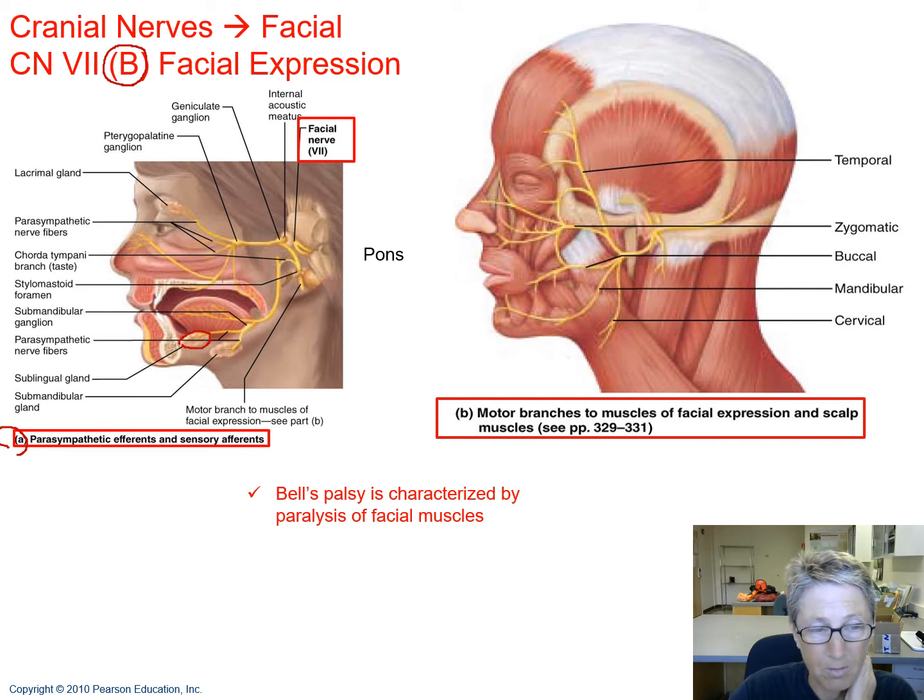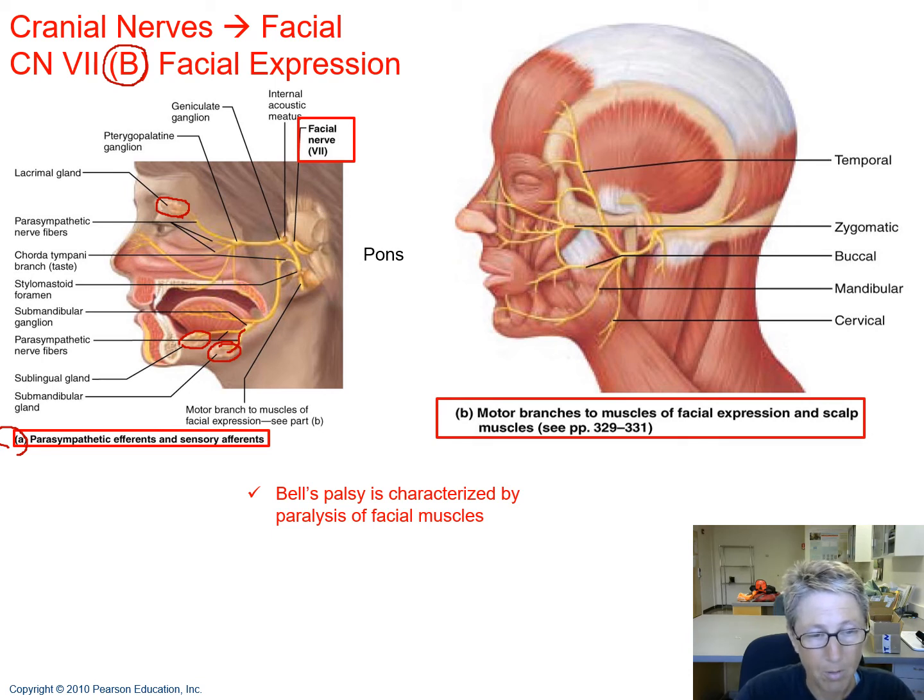So here's the sublingual gland, the submandibular gland, the lacrimal gland. In order for all these glands to produce their glandular material, in this case the submandibular gland and lingual gland, saliva, there are smooth muscle cells that can contract, and the gland contracts and sends the saliva through these ducts to get into your oral cavity.